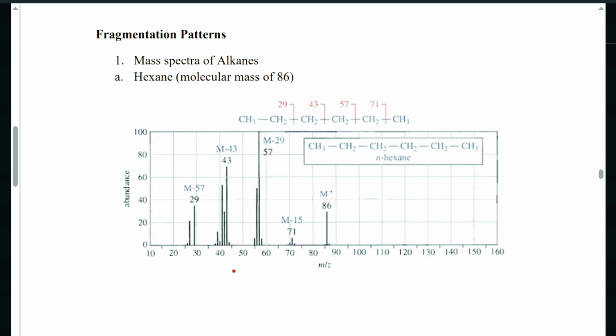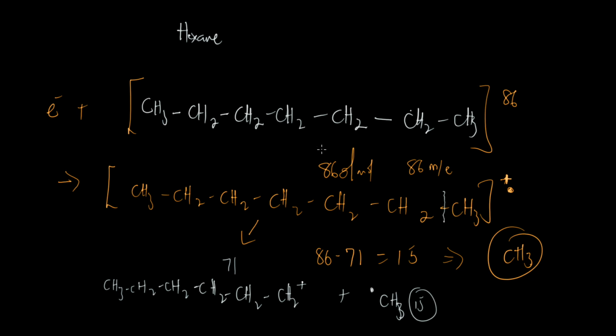For you to obtain 57, it's 86 minus 57. That gives you 29. So 29 will be CH3, CH2. This one is 15, this one is 14, so that's 29. So an ethyl group is lost.